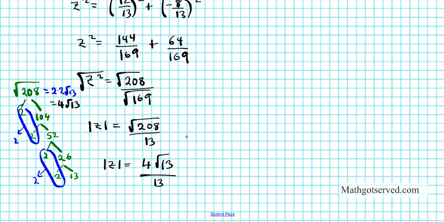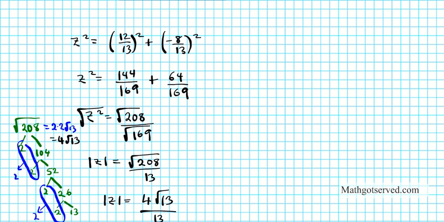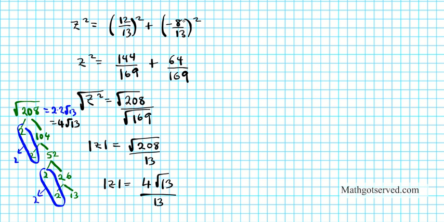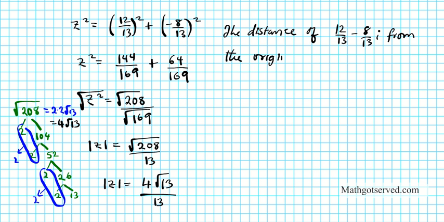Alright? So what does this answer we just arrived at mean? It basically means that the distance of the complex number we got, which is 12 over 13 minus 8 over 13i, from 0, or from the origin, which is 0, 0, is 4 root 13 over 13.